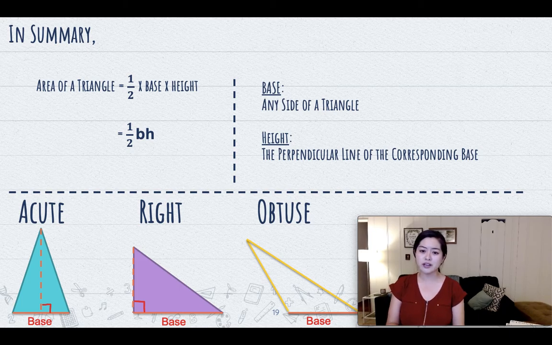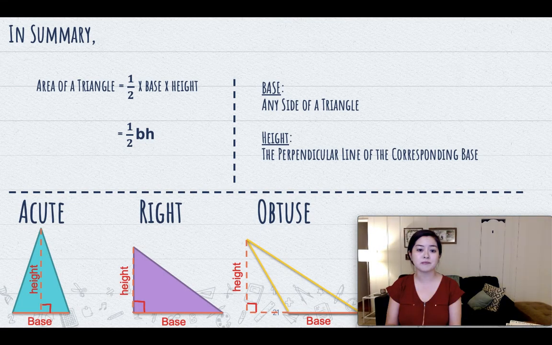But it's okay. We just need to draw a straight line from the highest vertex of the obtuse triangle and draw it straight down to the ground. So it makes a 90-degree angle and is perpendicular, kind of like that. Okay, and so now we have a base and height.